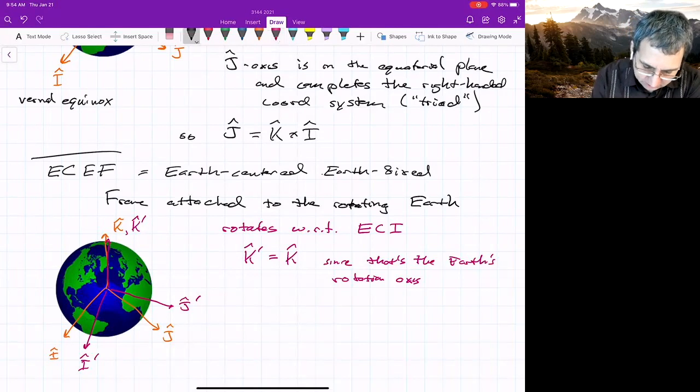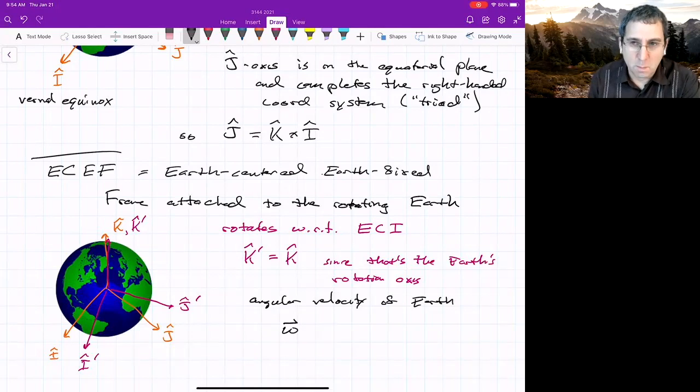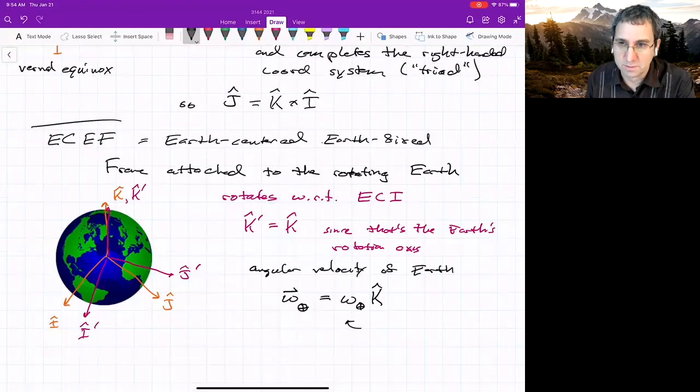And if we wanted to write the angular velocity of the Earth, this is omega as a vector, and the Earth symbol is this ancient circle with a cross in it. So this is going to be a vector, omega vector equals the angular velocity value times the rotation axis, which is K or K prime, because they're the same direction. And what is this?